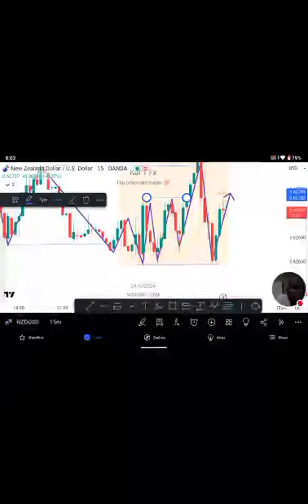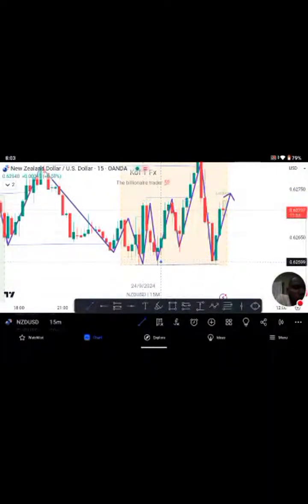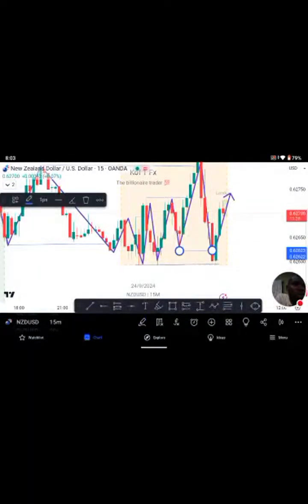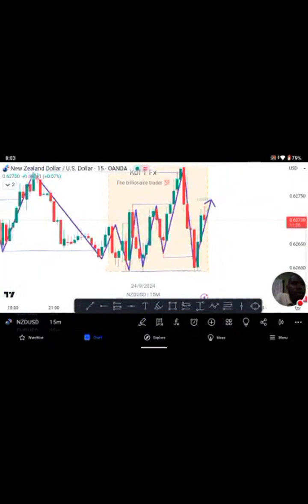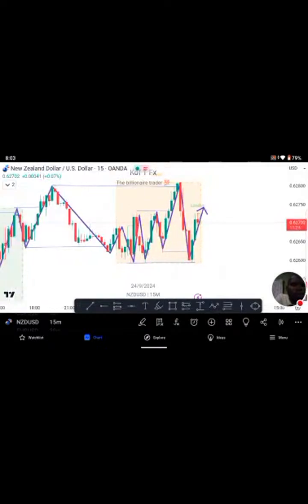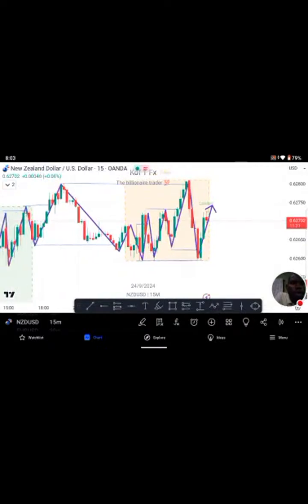Then price came back. It did not clear this. So it does not actually follow our pattern, let me put it that way. So there is no trading opportunity here as well.